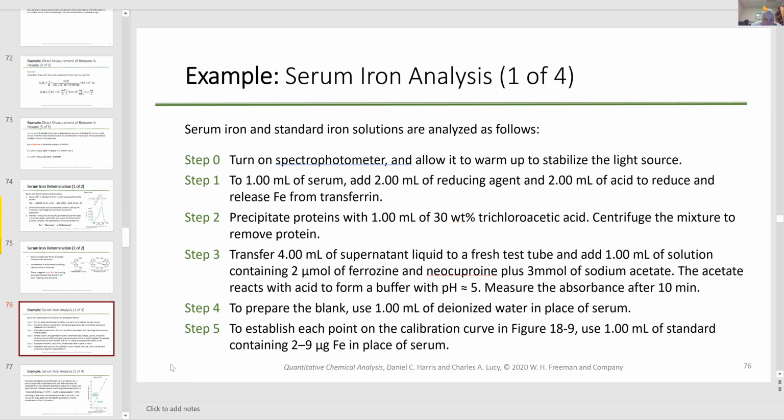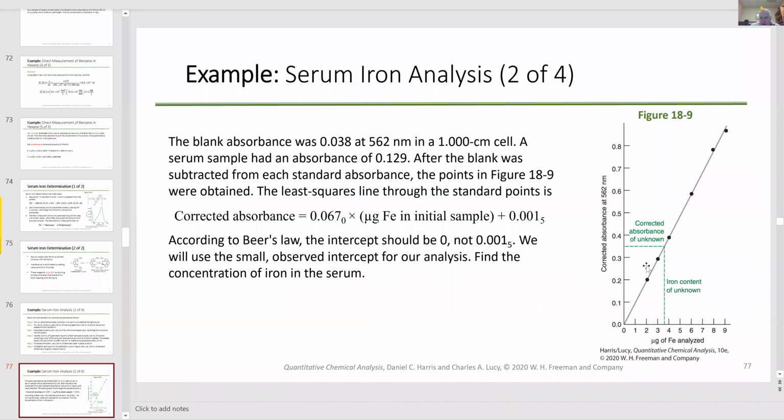Then you calibrate your spectrometer using iron 2, right? And then by doing that, you get a calibration curve. And then you simply place the absorbance of your protein onto this line.